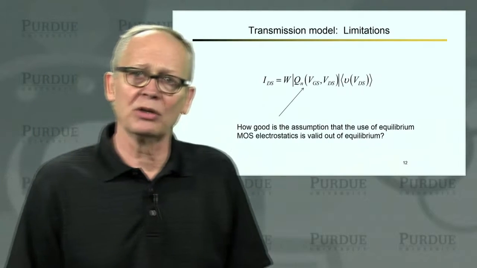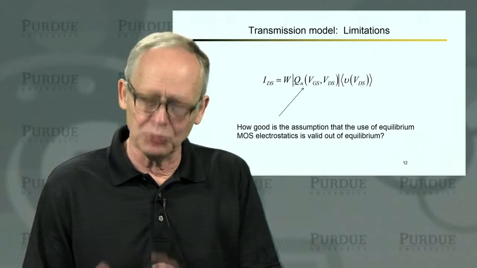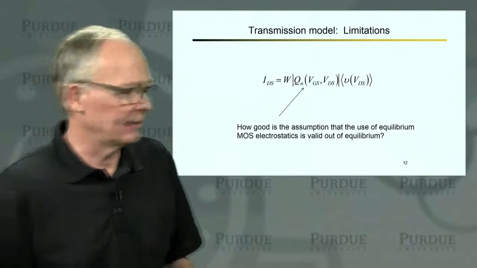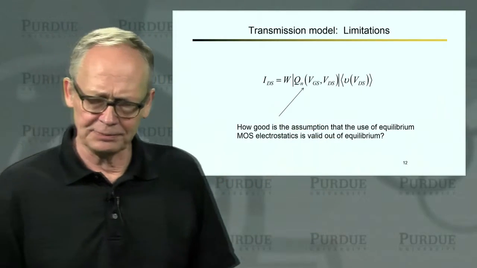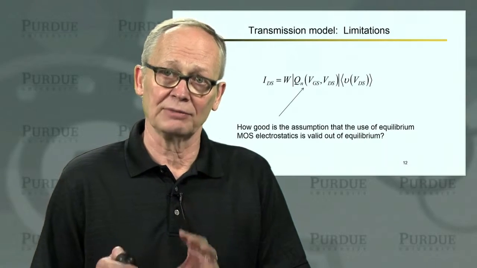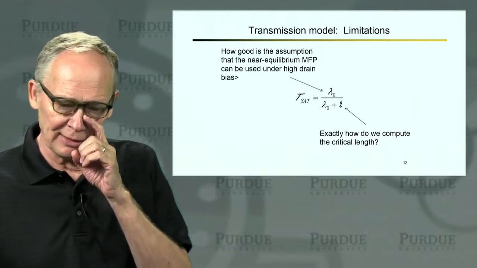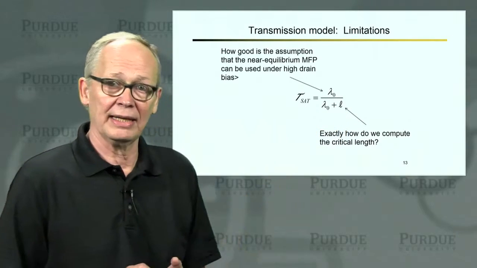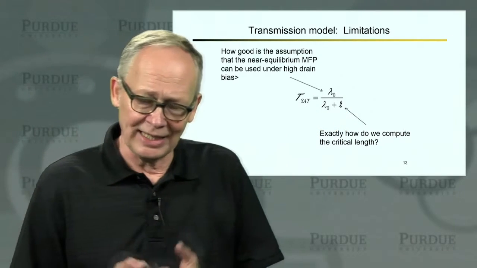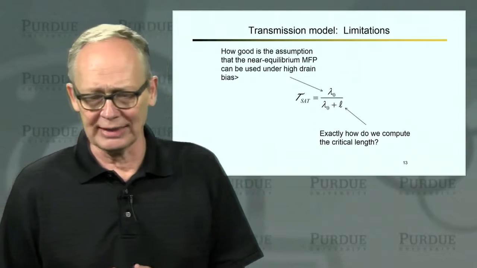There's a little bit of work going on these days in trying to improve that assumption and treat the non-equilibrium effects that occur when the current flows and the charge has to be modified. Now, this very simple treatment of scattering that we have, we can also think about exactly how good is this?